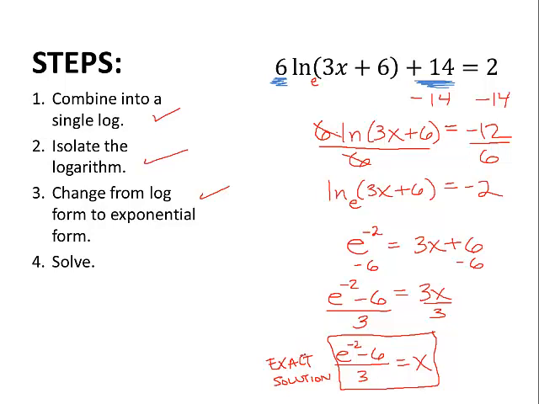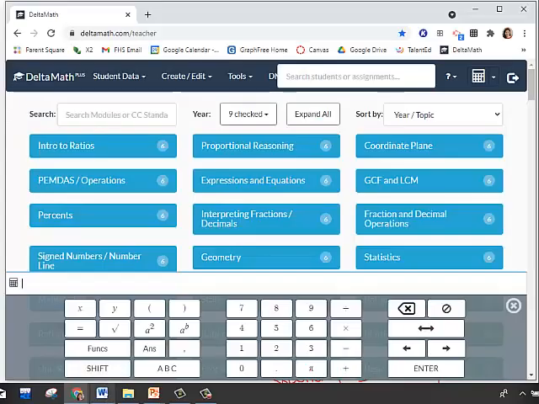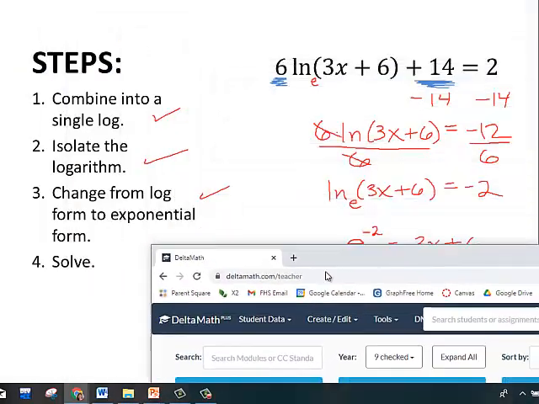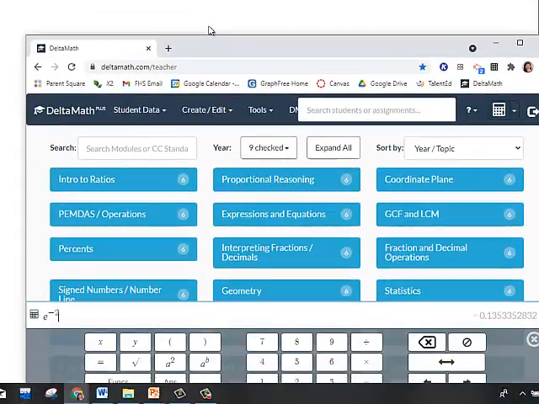If you were ever asked for an approximate solution, we would have to put this in the calculator, which we could do. Okay, so we could type e with an exponent of -2 minus 6 comes next.